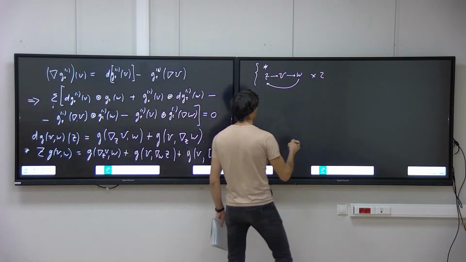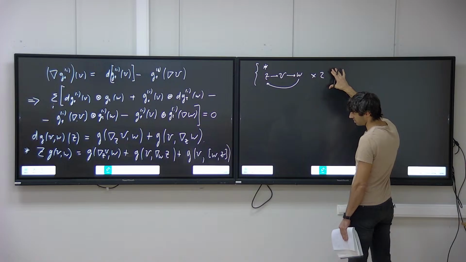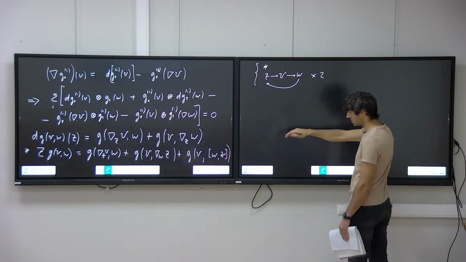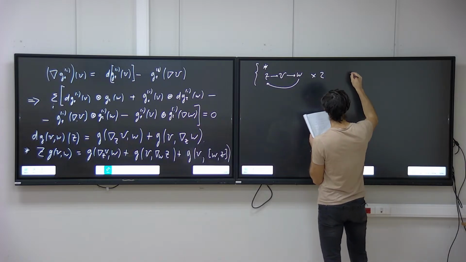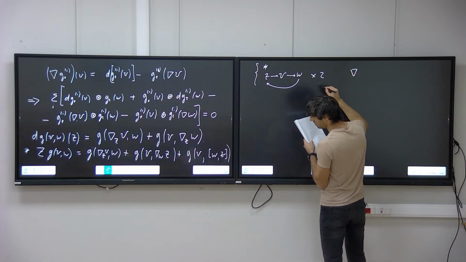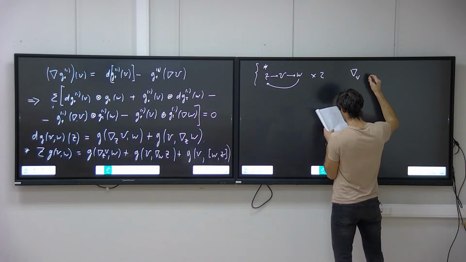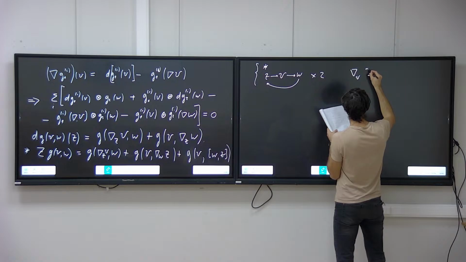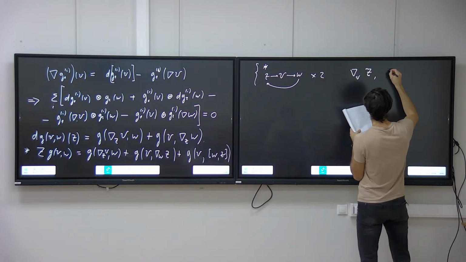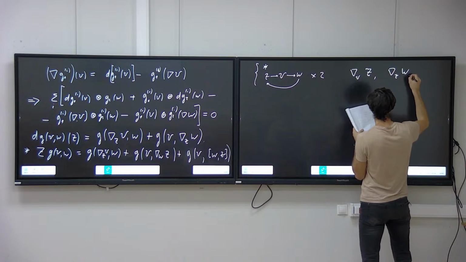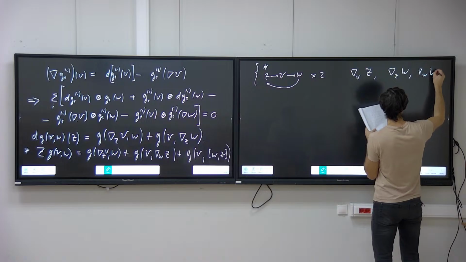So this will be a system of 3 equations, and my unknowns are nabla v z, nabla z w, and nabla w v.